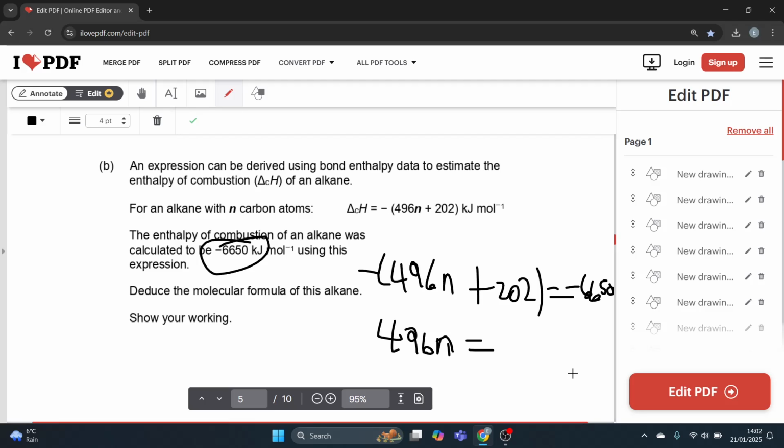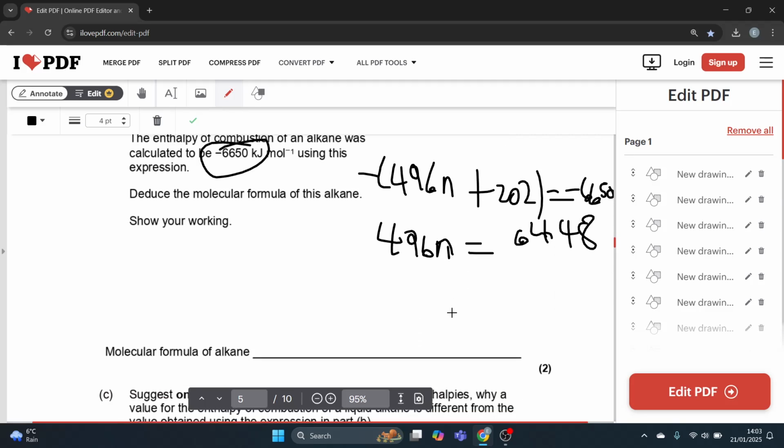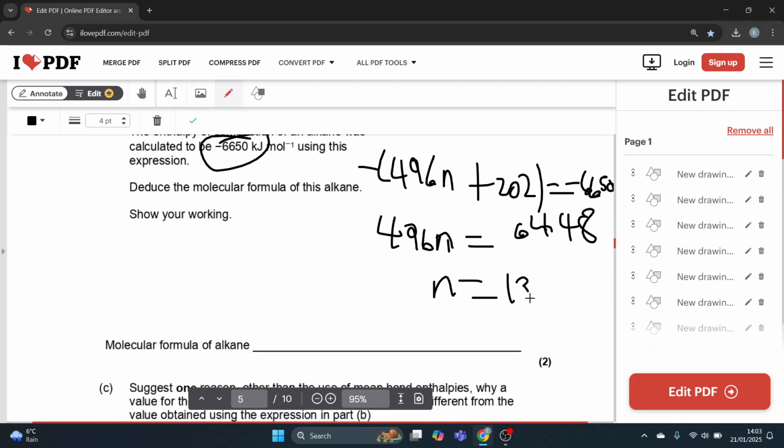Get my calculator out. 6650 minus 202 and then divide by 496. Okay, so perfect. 6650 minus 202 is 6448. I get n is equal to 13.